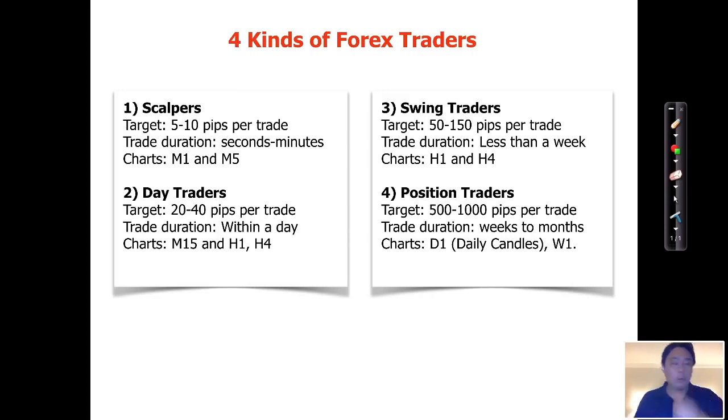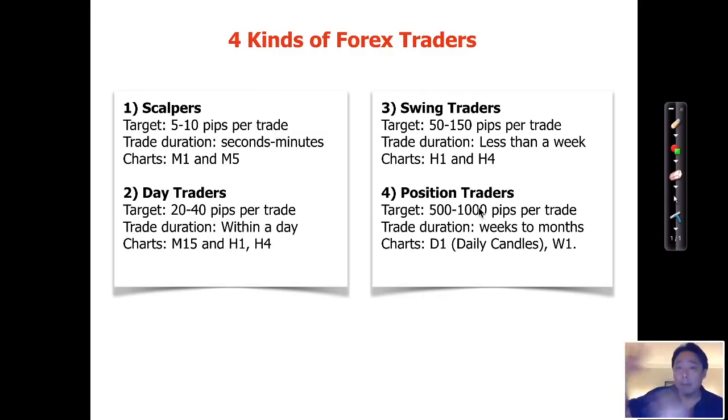All right. So there are basically four kinds of forex traders, and let me begin with the long term, and then I'm going to go down to the short term. Some people are what we call position traders. In other words, they will enter the forex position and hold it for a couple of months or even years.